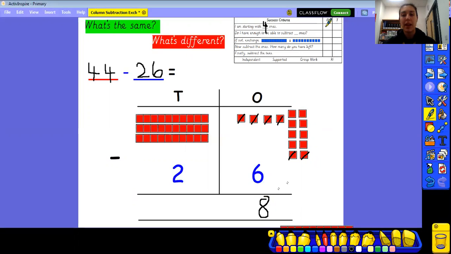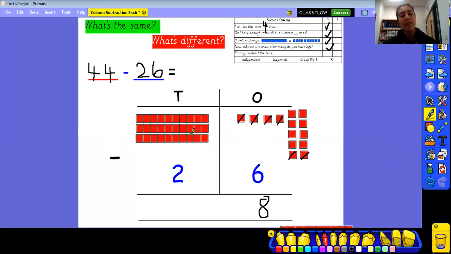So I started by counting up my ones, realizing that I didn't have enough to take away 6. So I had to exchange one of my tens for 10 more ones, which then gave me 14 ones. And then when I subtracted 6, then I had 8 ones remaining. So now that I've worked out how many ones are left, I can finally subtract the tens.